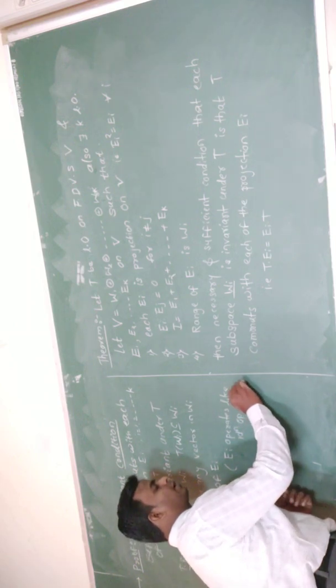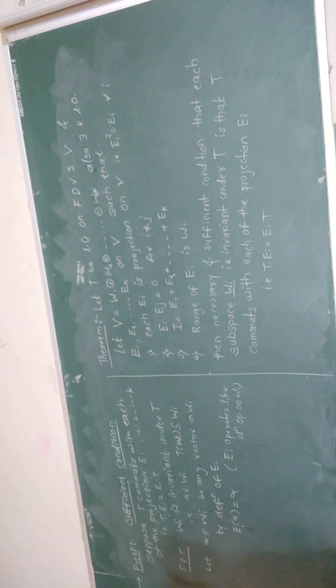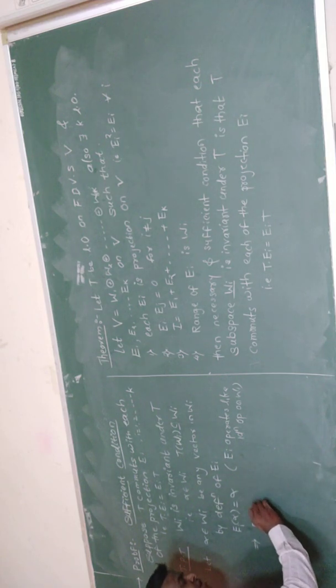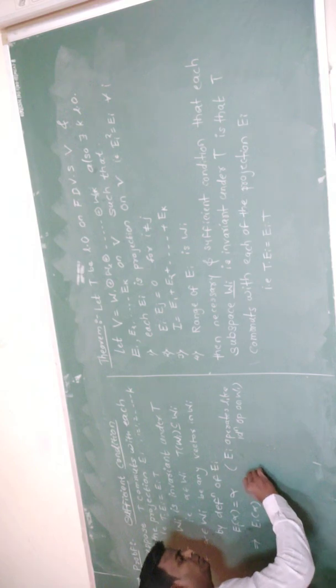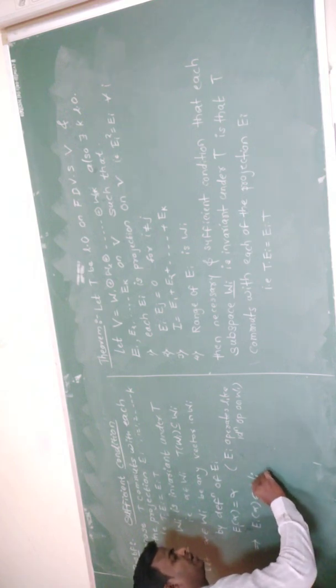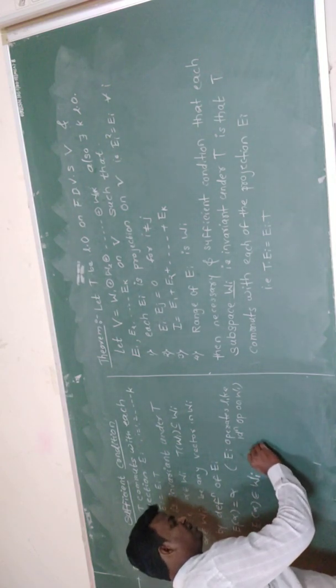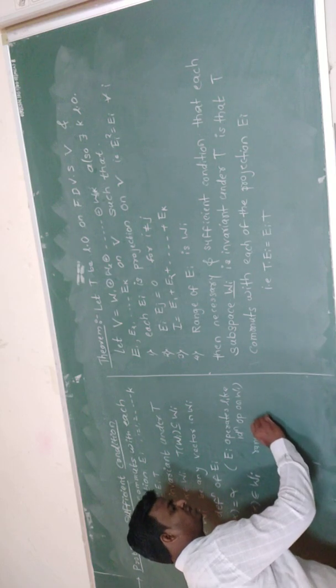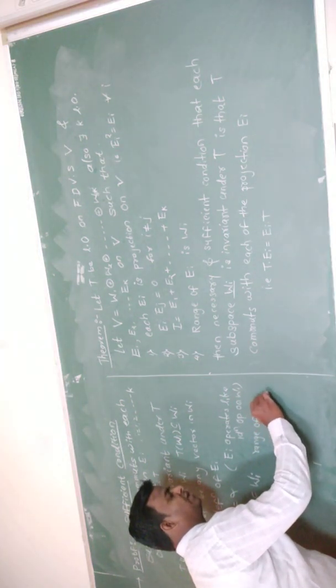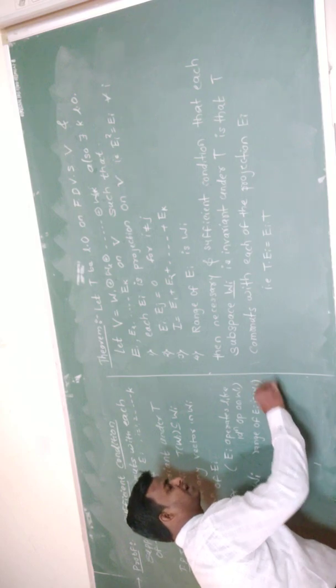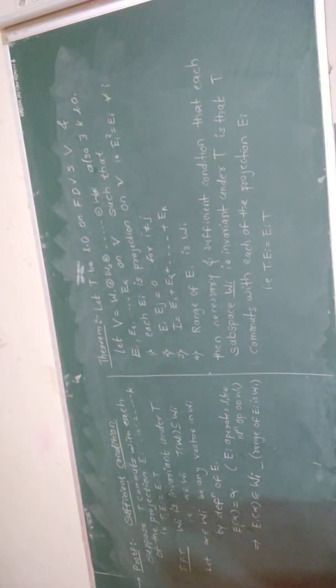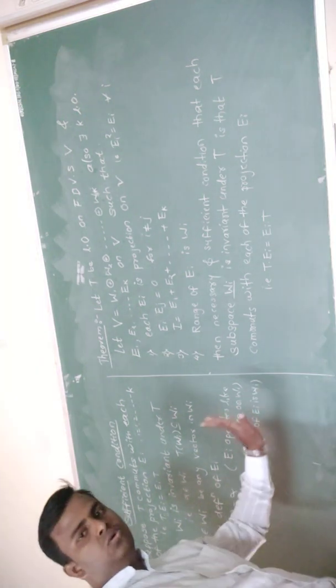Now it implies Ei of alpha belongs to Wi, because the range of Ei is Wi by the fourth condition.